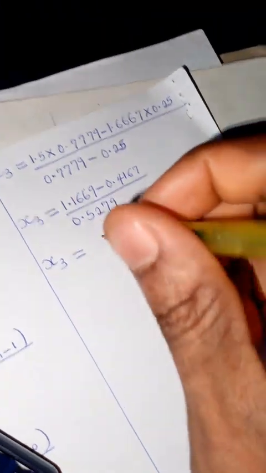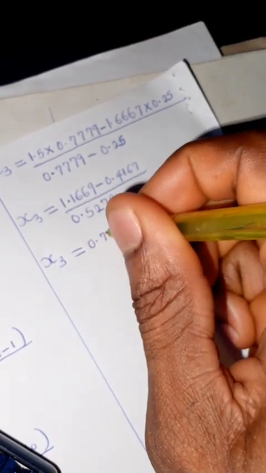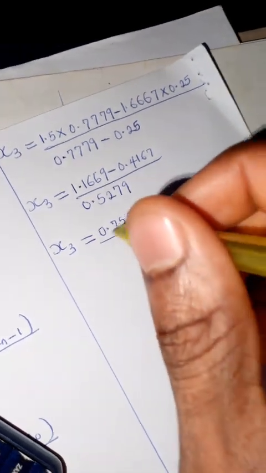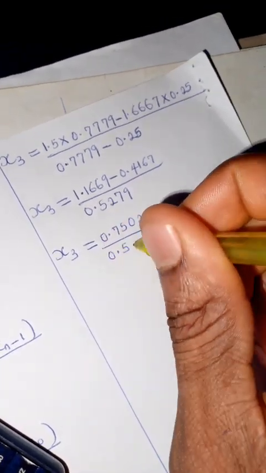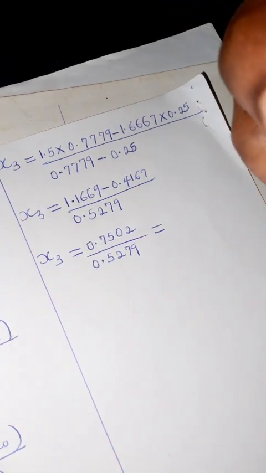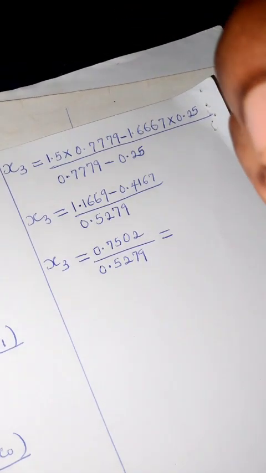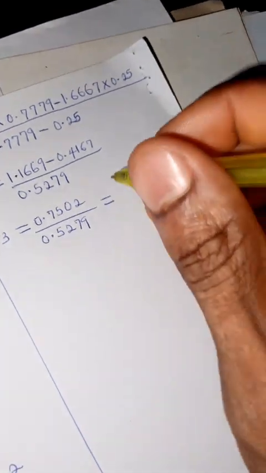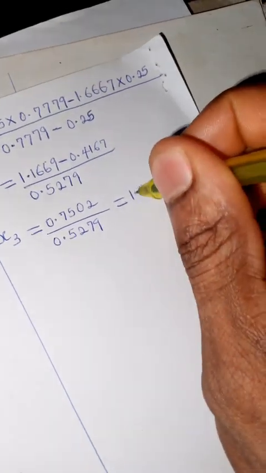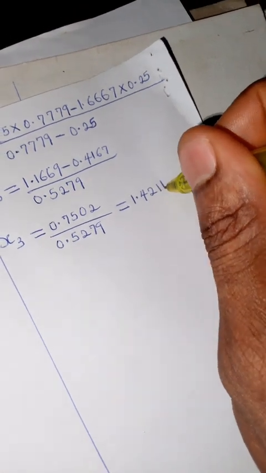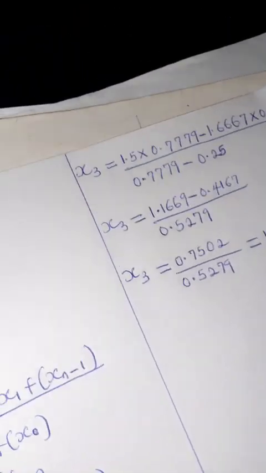So we are going to have 0.7502 over 0.5279 equal to, if we divide this, we divide by 0.5279. I'm going to have 1.4211. Remember, we're working with four decimal places. Now this is our third iteration.